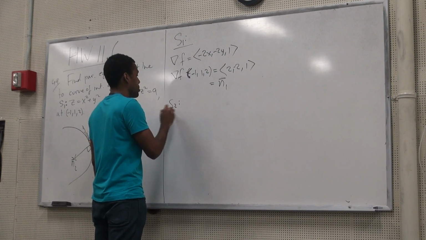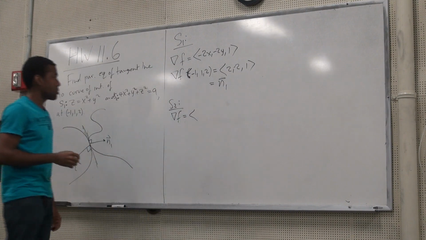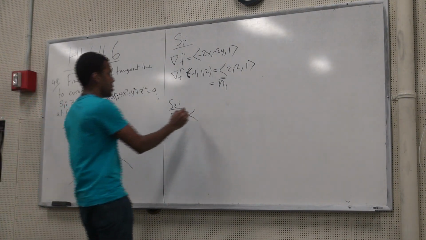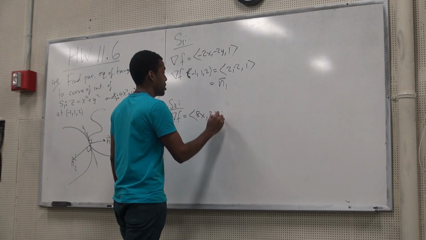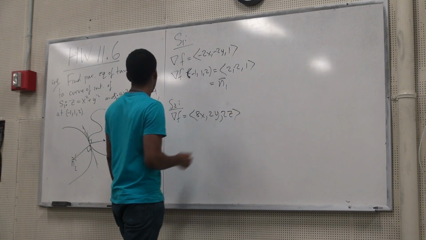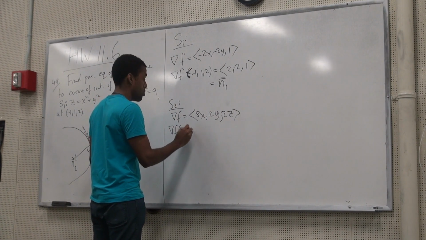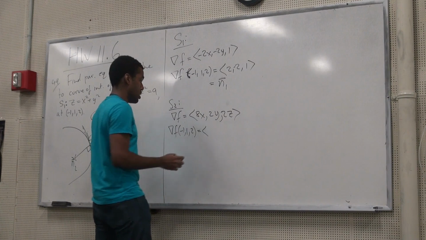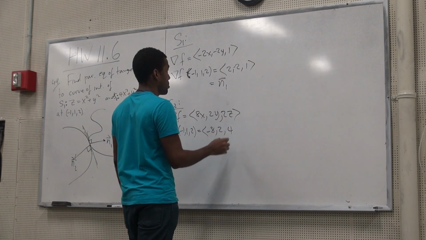Then for S2, I looked at the gradient of f. This is going to be 8x, 2y, 2z. So at negative 1, 1, 2, we end up with negative 8, 2, 4.